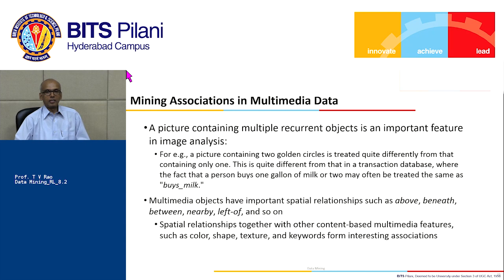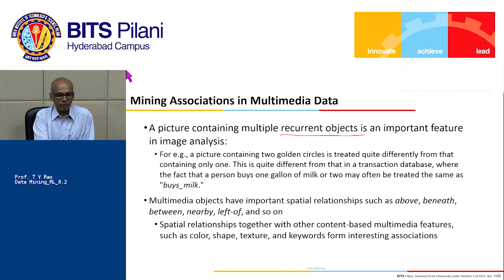Another element of interest in multimedia or image data is that many times a recurrent object is treated in a different way than a single object. For example, a picture containing two circles is different from a picture containing one circle. This is unlike the relations that we establish in normal relational or business data.